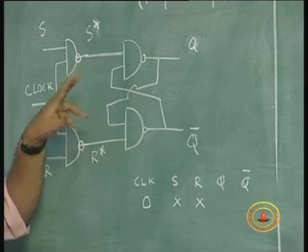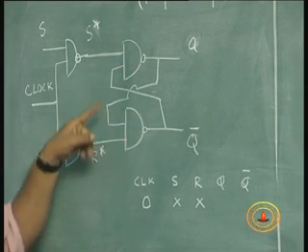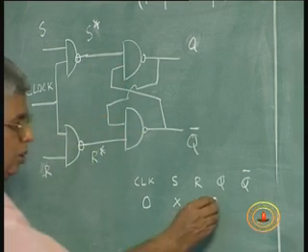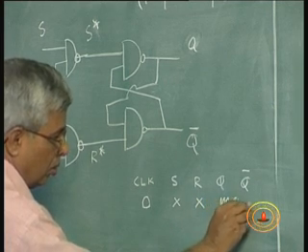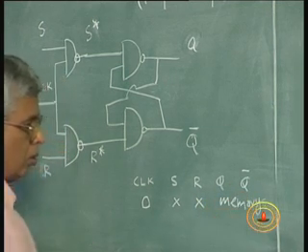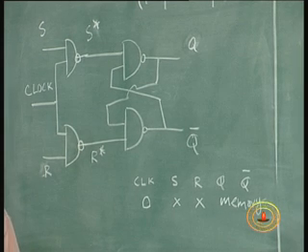So the 1 state is a memory state for this latch. That means your set and reset inputs will not affect the storage; the latch continues to store what it had earlier.